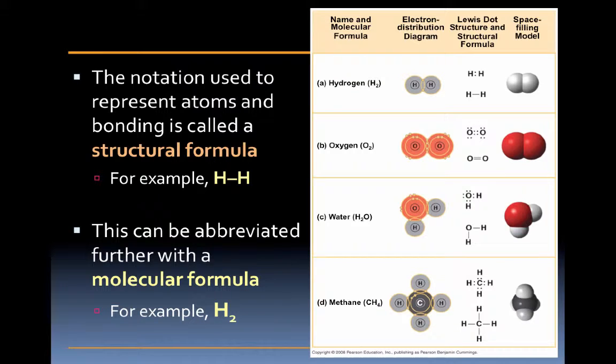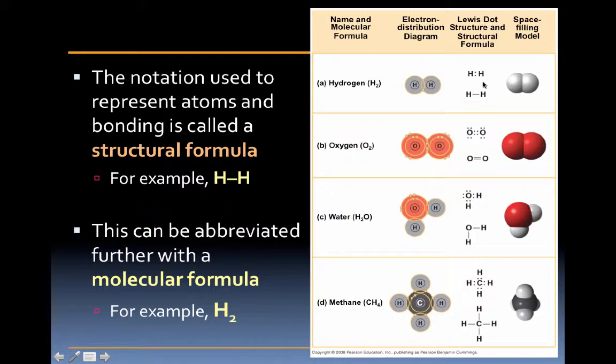In this figure, we're looking at 4 small molecules. As we go from the left to the right, we see the name of the molecule and the molecular formula. In other words, what atoms come together to form this molecule. We then can look at electron distribution diagrams, and these are similar to the drawing I did on the previous page, where you can see the valence electrons that are shared in the covalent bond between the atoms.